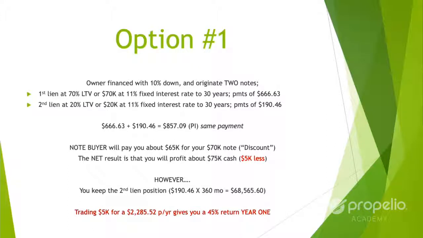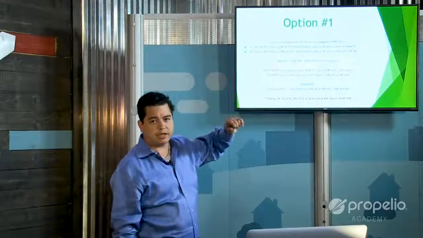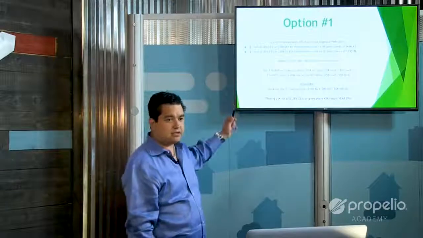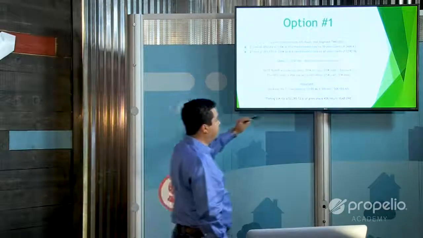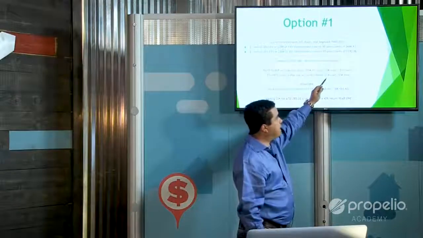The net result is that you will profit about $75,000 in cash. Where did that come from? $65,000 from the purchase of the note, plus $10,000 from the down payment. You're going to be profiting $75,000 cash.